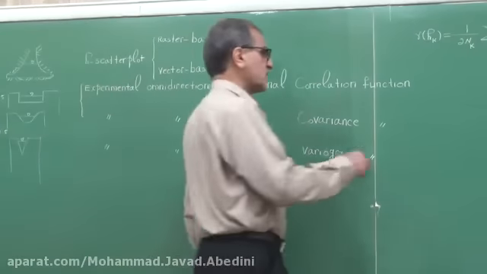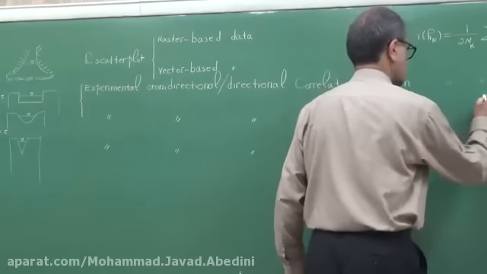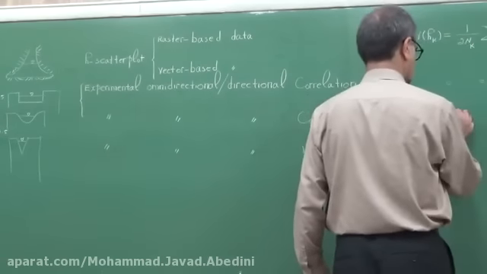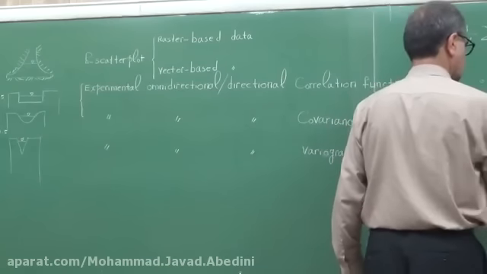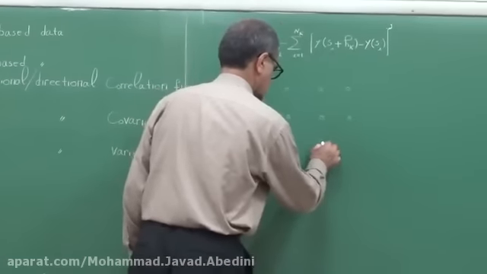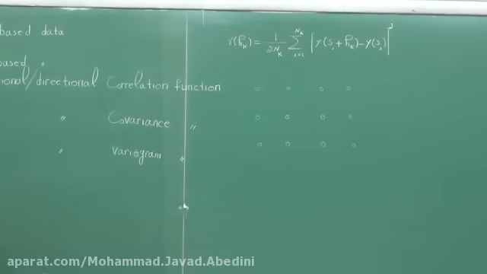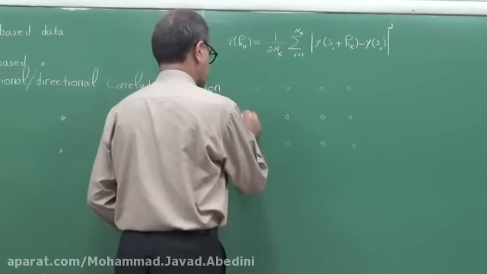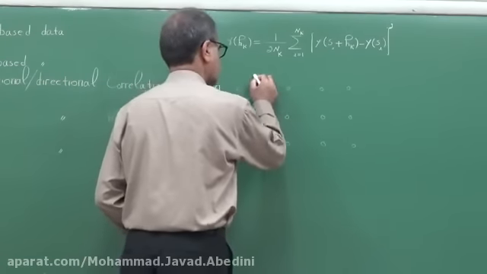If you have a series of raster-based data, this is a typical map for raster-based data. And this is the grid spacing, which is the same as this.